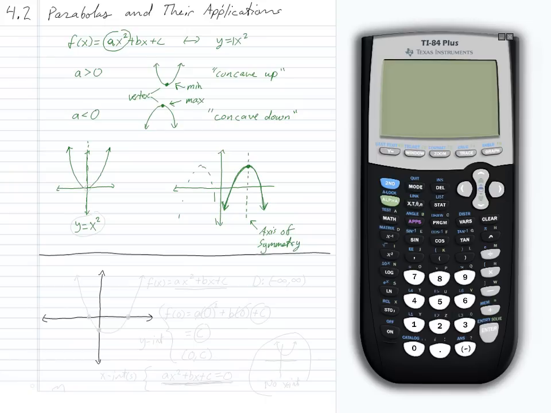Now on the next page, there's a discussion in the notes of the concept of intercepts. Remember, an intercept is any point where a graph crosses either axis.